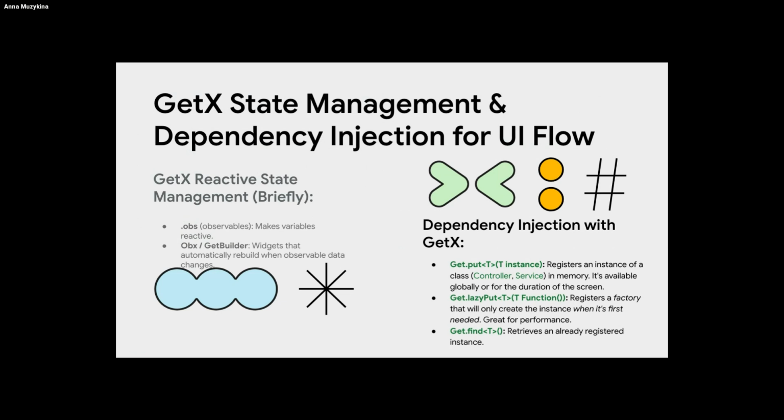Or Get.lazyPut. It's similar but more performant for resources that aren't immediately needed. It only creates the instance when it's first requested. Or Get.find is how you retrieve an already put instance from GetX's memory.